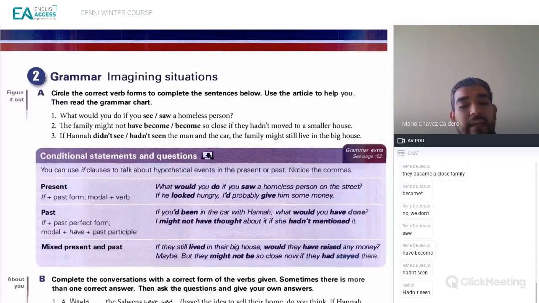If they still lived in their big house, would they have raised any money? Maybe, but they might not be so close if they had stayed there. You see? Mixed.